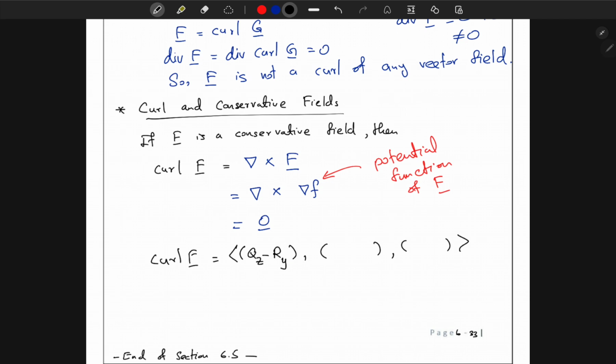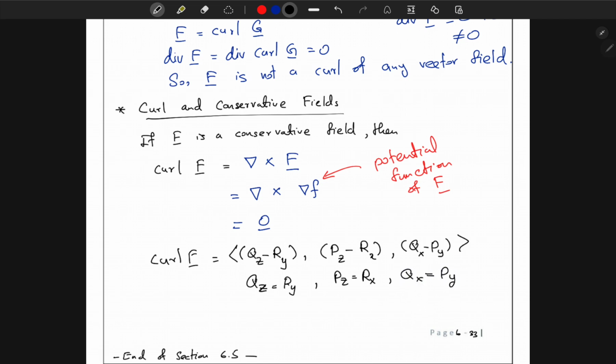The second component was r sub x minus p sub z, and the third component q sub x minus p sub y. In curl, these were the 3 components, and if it is 0, that means you get q_z equals r_y, p_z equals r_x, and q_x equals p_y.